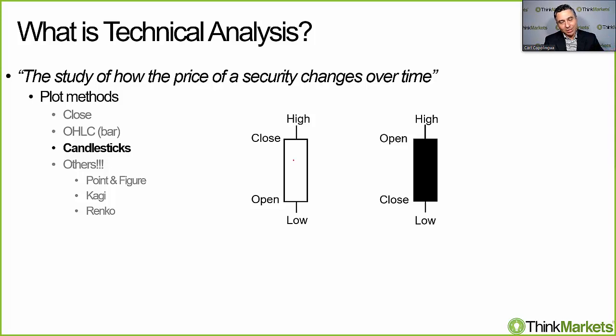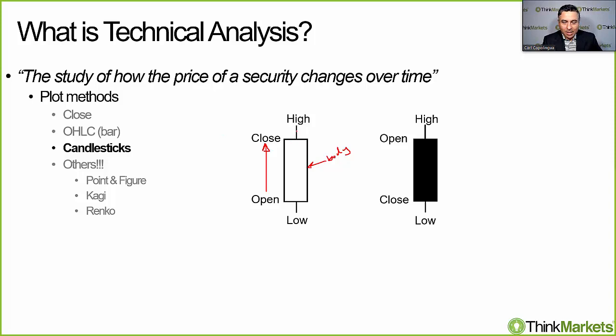I think candles give you way more. It's the same information as open, high, low, close, but I think it's represented in a more pictorial way. So we've still got our open, high, low, close, but when the close is above the open, we're going to make a box, and we call this box the body of the candle. We could spend literally 10 webinars just on candlesticks, but we're going to spend a couple of minutes on it today.